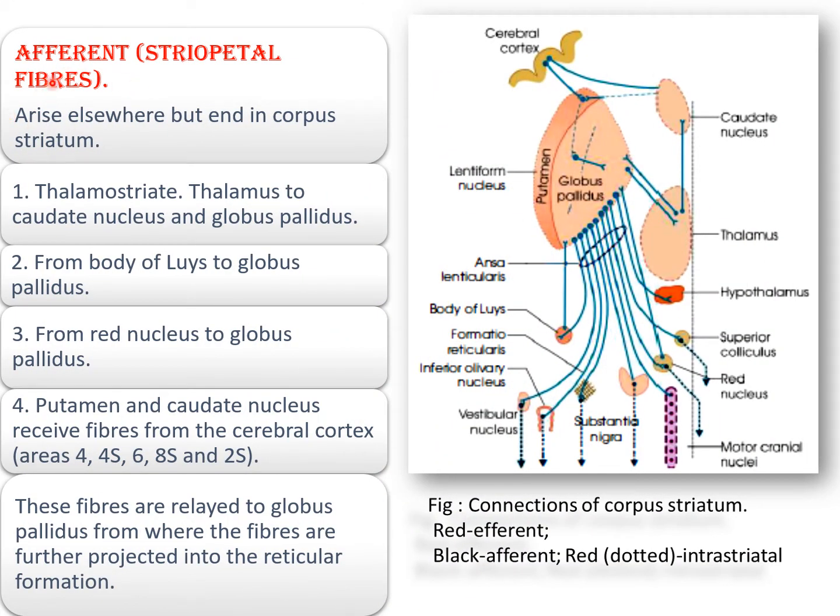So first of all, the afferent connections, which arise elsewhere but end in the corpus striatum. First is the thalamostriate, from the thalamus to the caudate nucleus and globus pallidus.